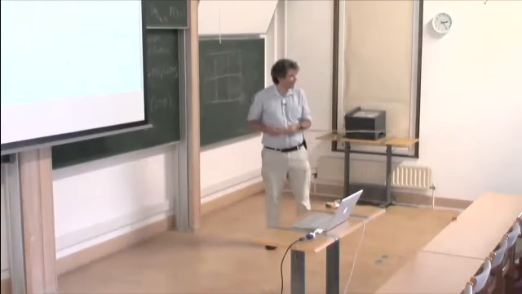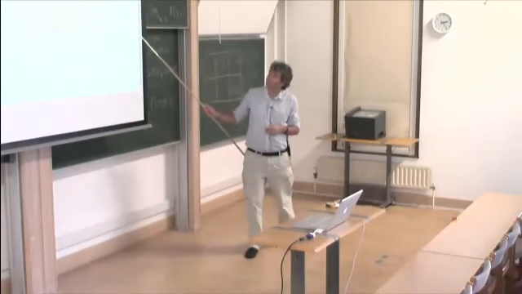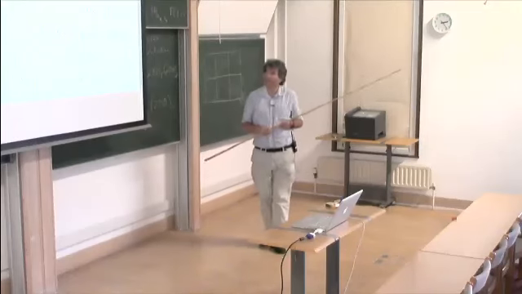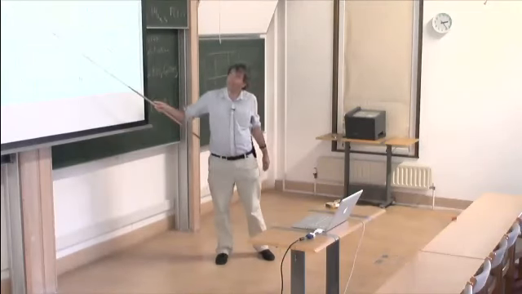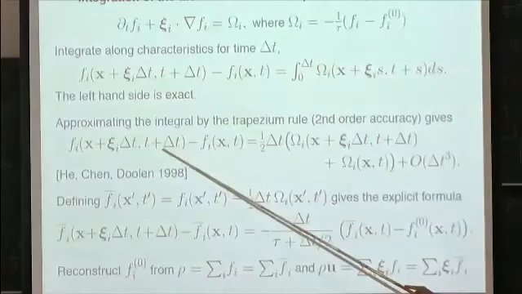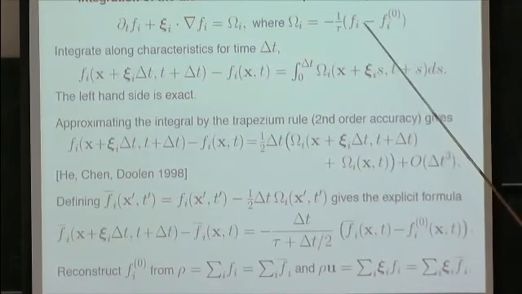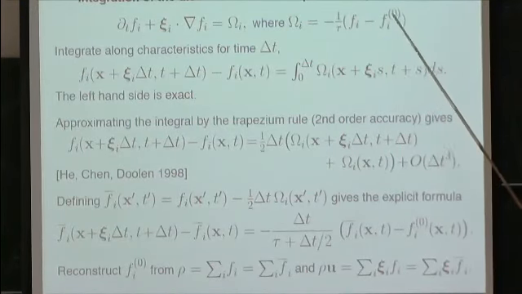And I'm going to try and do that by the trapezium rule, so I take half the value at one end of the characteristic, half the value at the other end, multiplied by the time step. And that gives me something that's a second order accurate approximation. The problem is that it's implicit, because this f at t plus delta t depends on omega at t plus delta t, which depends on f at t plus delta t, and also f0 at t plus delta t, and f0 depends on the f's through the rho and the u.